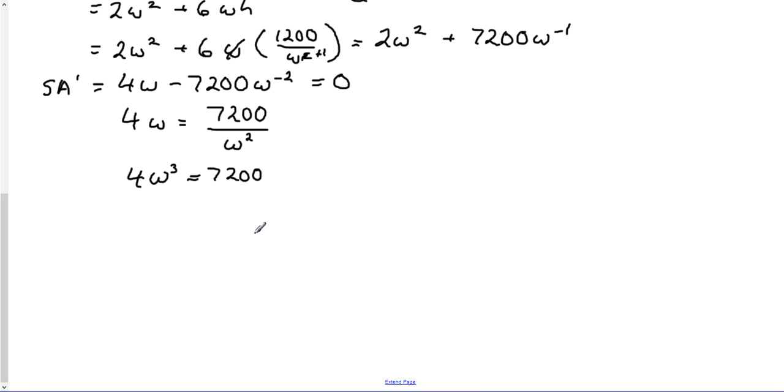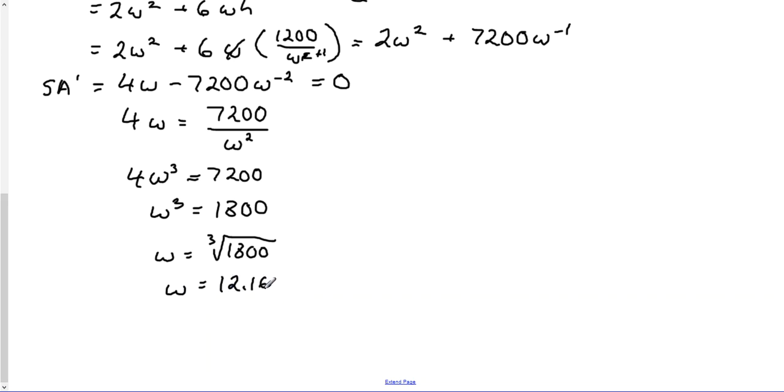If I divide both sides by 4, I'm going to get that w cubed is 1,800. And so taking the cube root here of 1,800 gives us our value for w. W is going to be 12.16. We'll just keep 2 decimal places here.